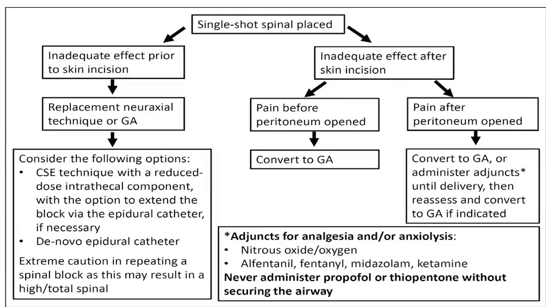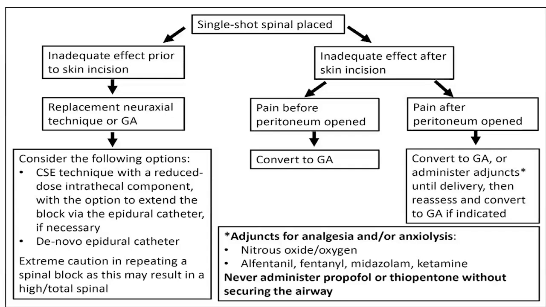If the block is not working at all, and the patient is not at all anesthetized, we have to go for a replacement of a neuraxial technique or convert it to a general anesthetic. Ideally speaking, a general anesthetic would be the best.